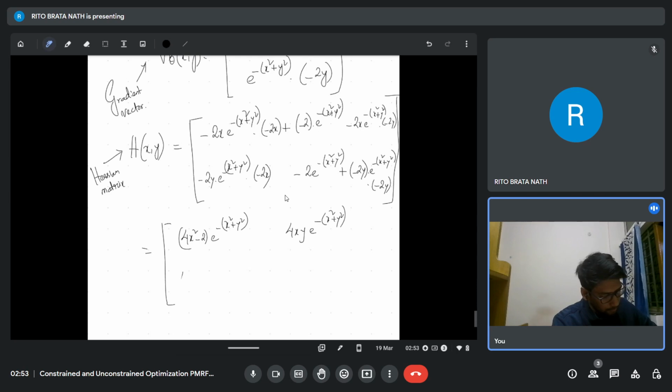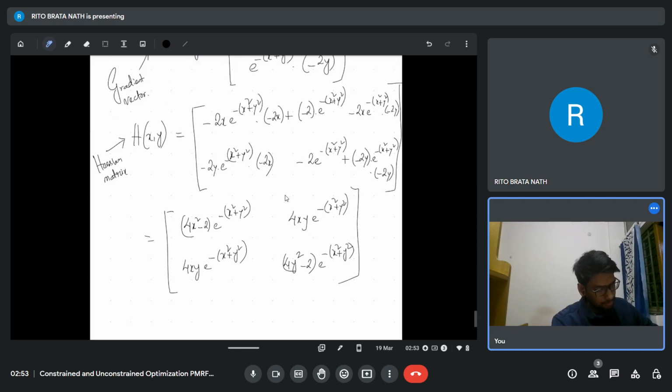Here also it will be 4xy e^(-(x² + y²)). Finally it will be (4y² minus 2) e^(-(x² + y²)).